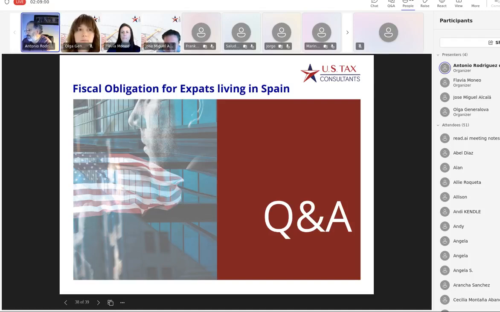What documents do I need to file taxes? Well, we have a list of documents. If you go to the website, in every taxes section, in the 1040 at the very end of the page, it tells you the list of documents that we need to prepare your taxes, and then you click there and you have the complete list.